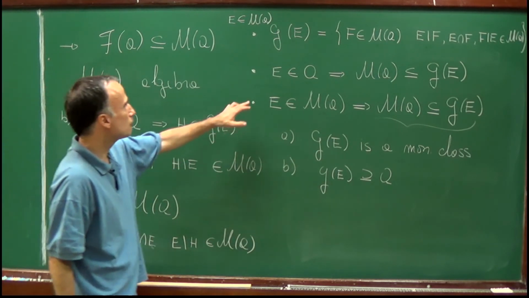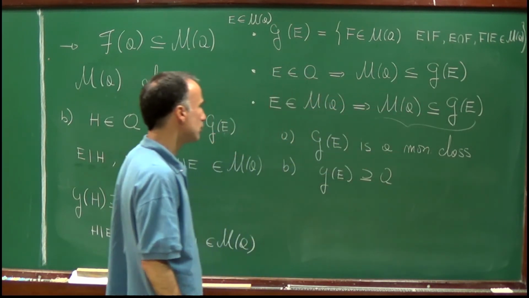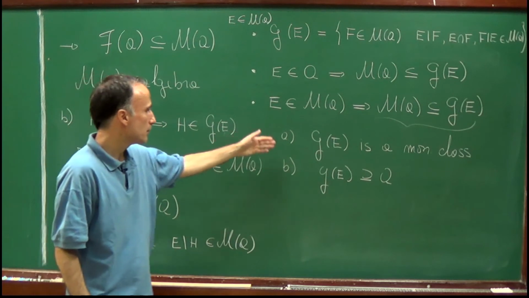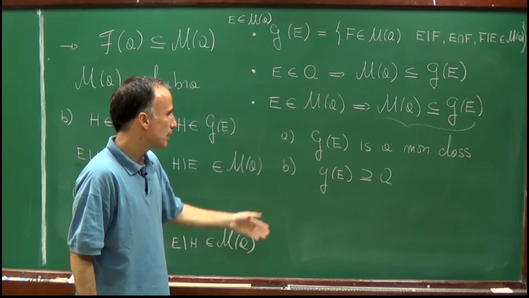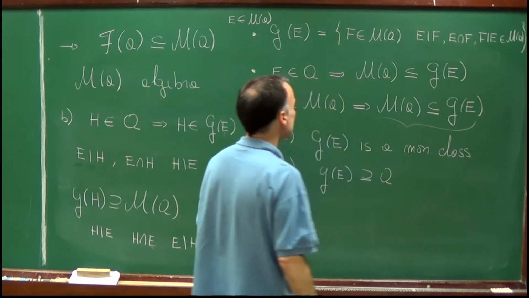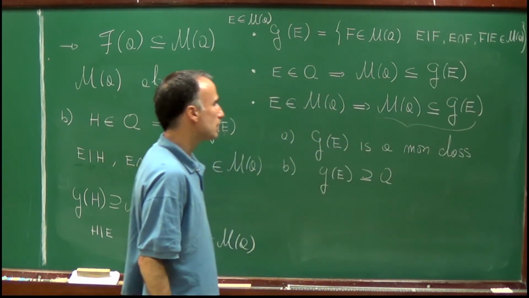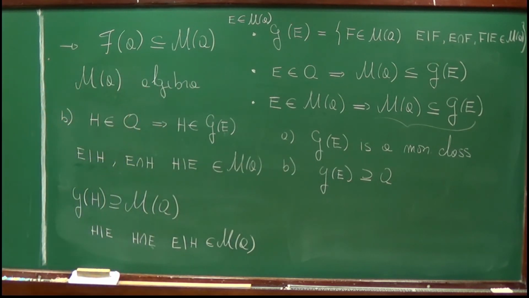It follows from the fact that for any element of the algebra we have that M of A is contained in G of E. So this proved claim B, and as I said, from these two claims we conclude that G of A contains the monotone class generated by A.